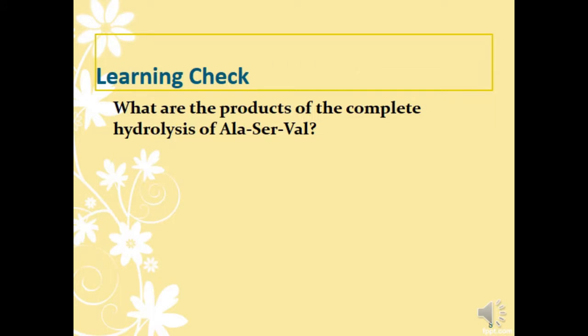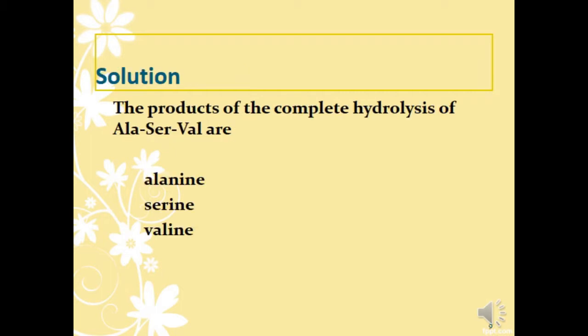So what is the result when this alanine, serine, valine peptide is hydrolyzed? Therefore you should get alanine, serine and valine as individual amino acids.